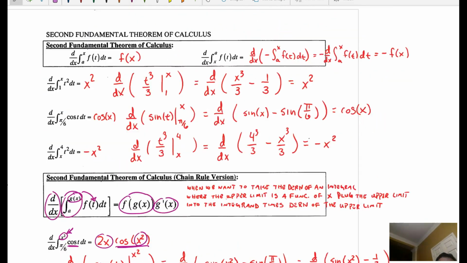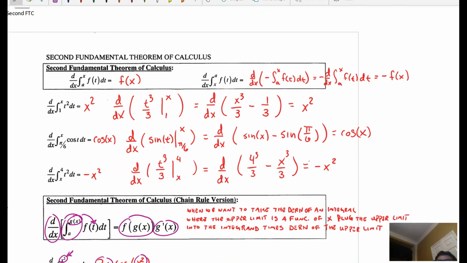I do want to say one thing about what's up here. I do want the upper limit to be the function of x. If the upper limit is not the function of x, then we're going to flip the limits, and when we flip the limits, we have to multiply by a negative. So negative the integral from a to x of f of t dt.